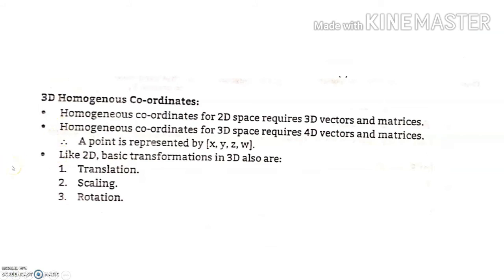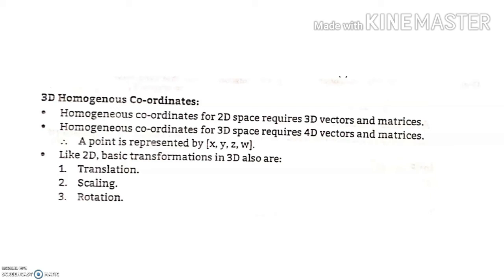Next, what is the 3D homogeneous coordinate? Previously, we have studied what a homogeneous coordinate is. Homogeneous coordinates for 2D space require 3D vectors and matrices. Homogeneous coordinates for 3D space require 4D vectors and matrices.